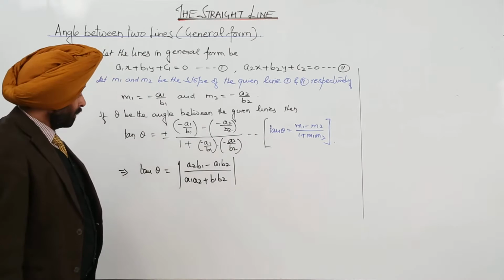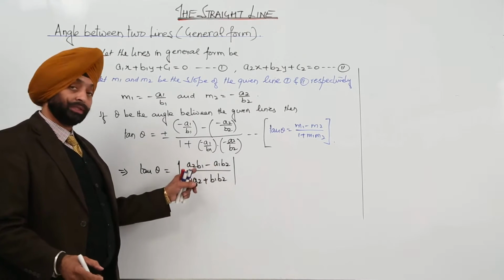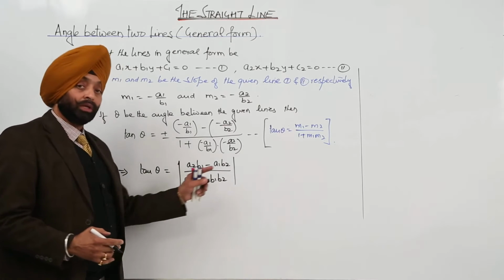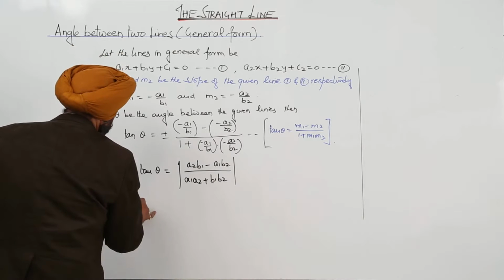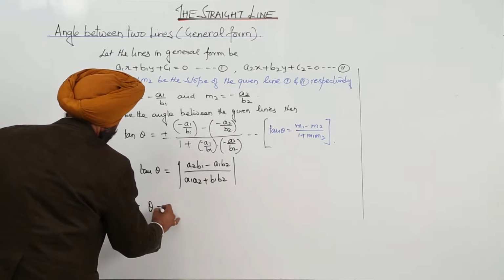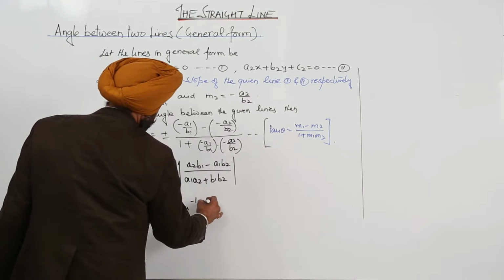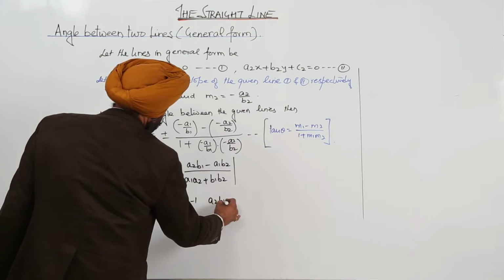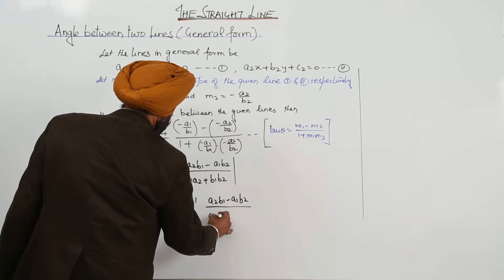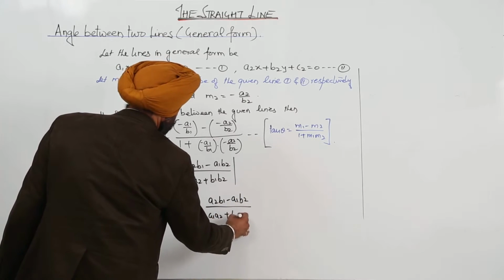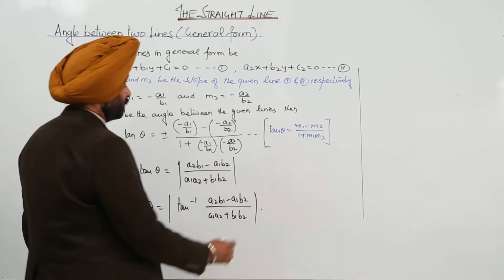Is it clear? In many books you will find this as the first term, this as the second. It hardly matters because we are taking the absolute value. Or we can write theta is equal to tan inverse of a2 b1 minus a1 b2 upon a1 a2 plus b1 b2. So this is the required formula.